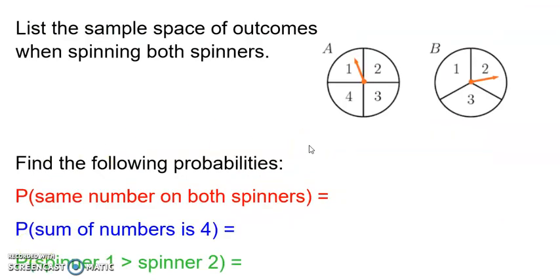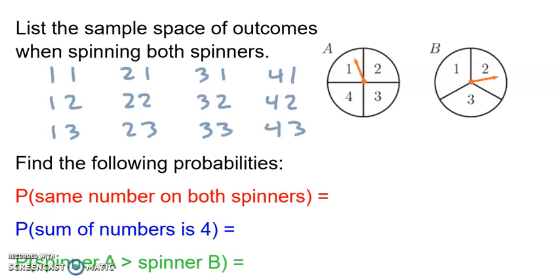So first example, we're going to look at some spinners here. List the sample space of outcomes when spinning both spinners. So with spinner A, we've got 4 options, 1, 2, 3, and 4. For spinner B, we've got 3 options. So I'm going to write out all of our different outcomes for that.